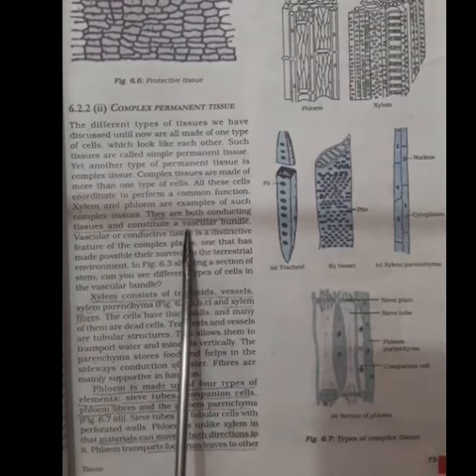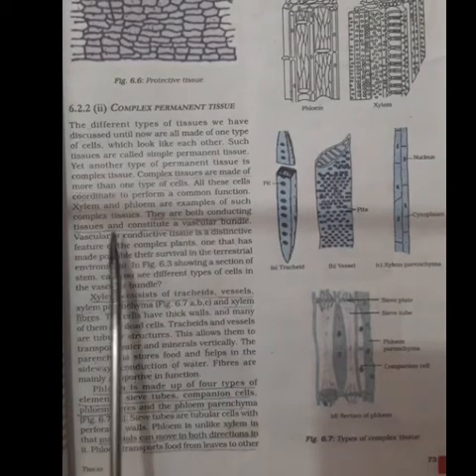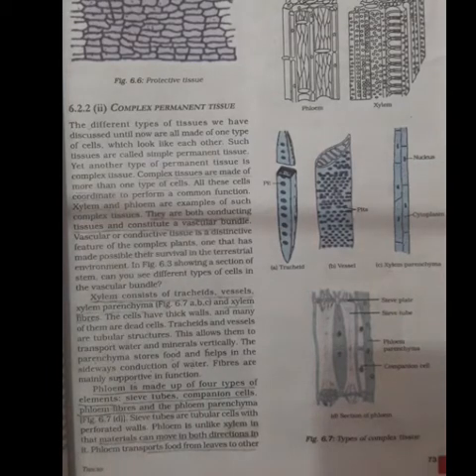In a bundle, these xylem and phloem tissues are found together which has different types of cells in them. Xylem has different cells and phloem has different cells which perform a particular function.